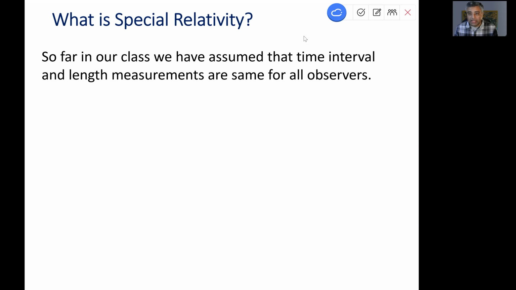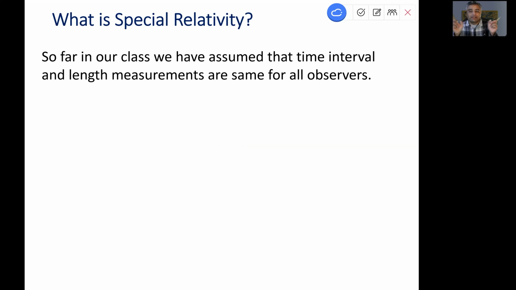So there are two kinds of relativity. One is special, another one is general. So far we haven't talked about how the length of a meter stick can be different if you observe it versus I observe it.